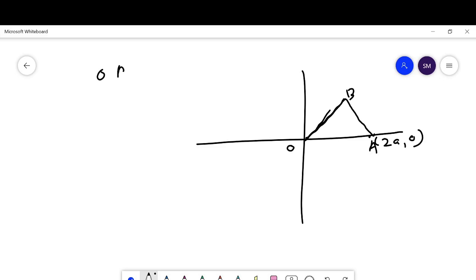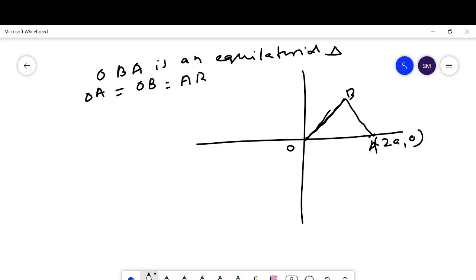Here OBA is an equilateral triangle with OA equal to OB equal to AB equal to 2a, and BL is the perpendicular bisector.